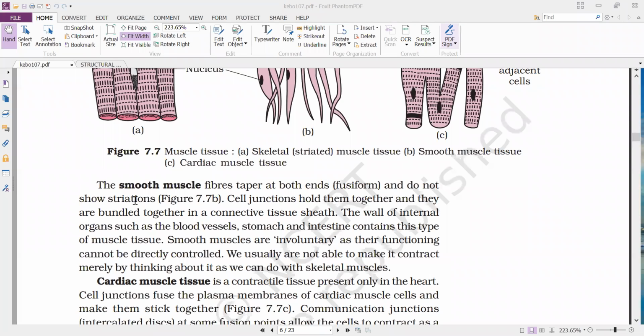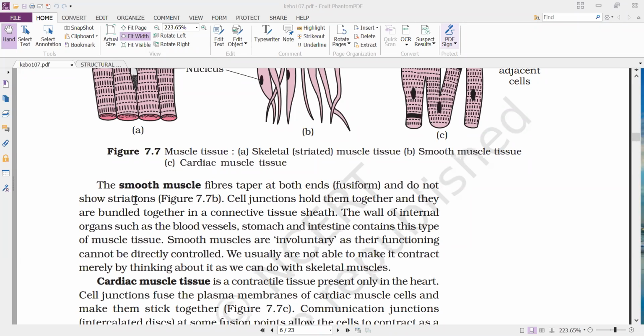Once the food has entered the esophagus, we don't know what is happening, but it is happening. The food is getting digested. It is moving from one part of the body to another. Already we said any movement that takes place in our body is because of muscle contraction and relaxation. But that muscle contraction is not under our will. Why?